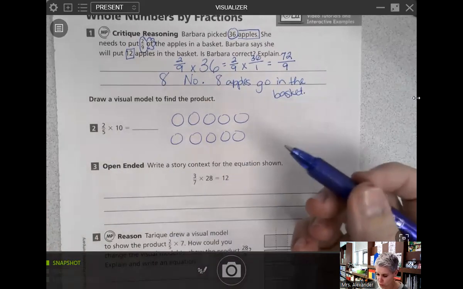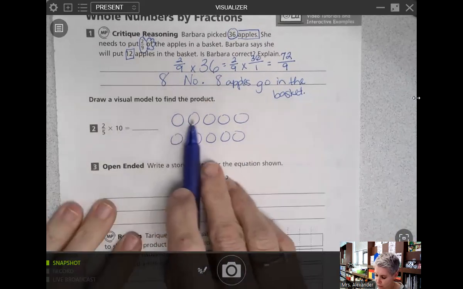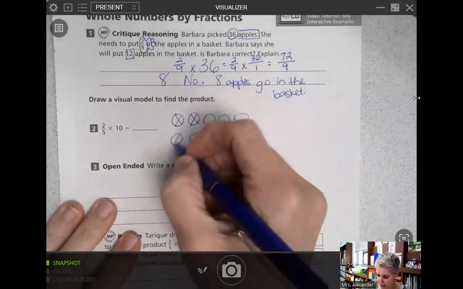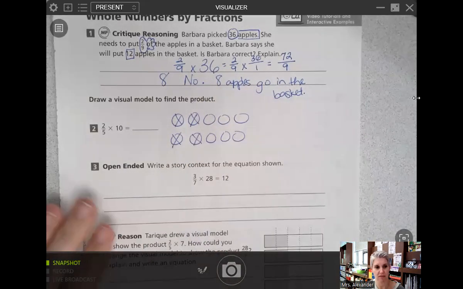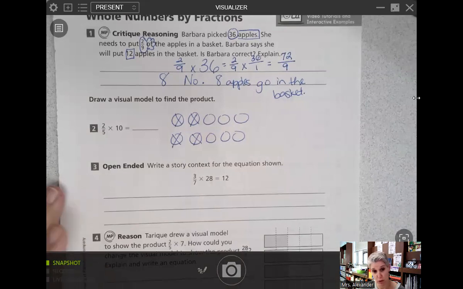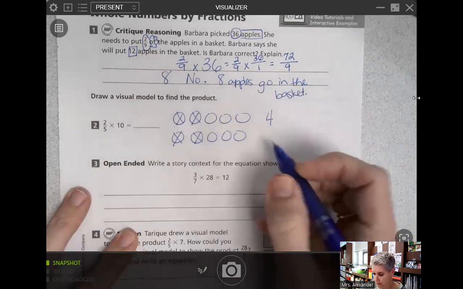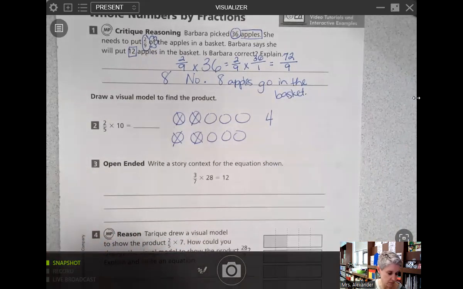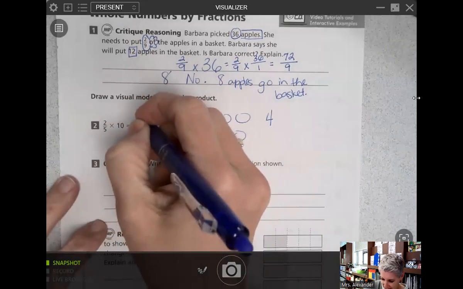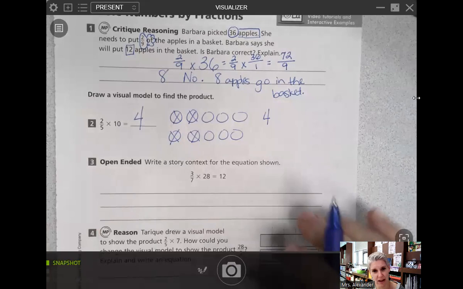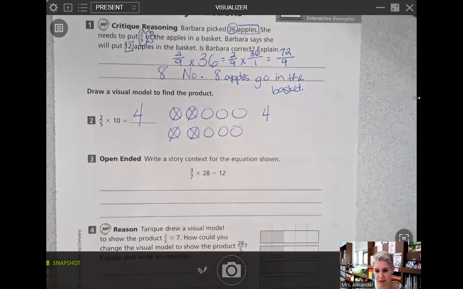If I have 2/5, for every 5, I have 2 of them. So I have 2 there and 2 of that 5. How much do I have? I have 4. 4 what? I just have 4 total, right? 2/5 of 10 would be 4. That's our answer. Sorry, I don't know why I thought I was going to do more with that one, but I didn't need to.